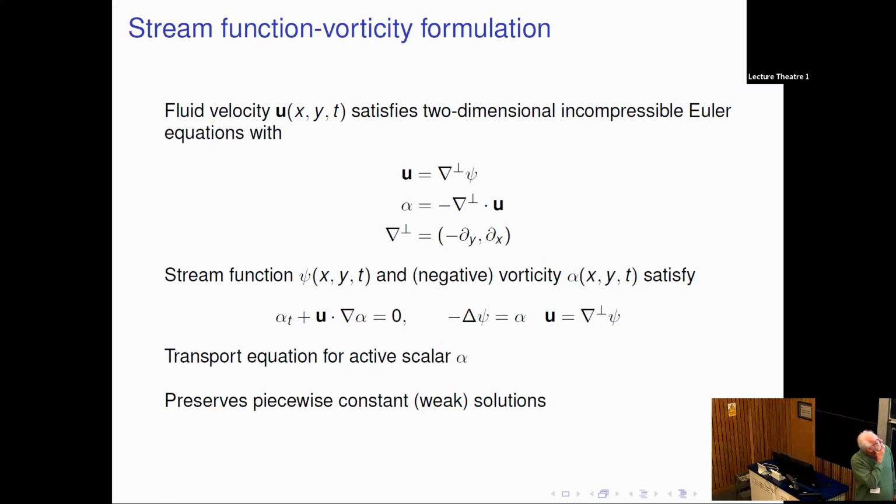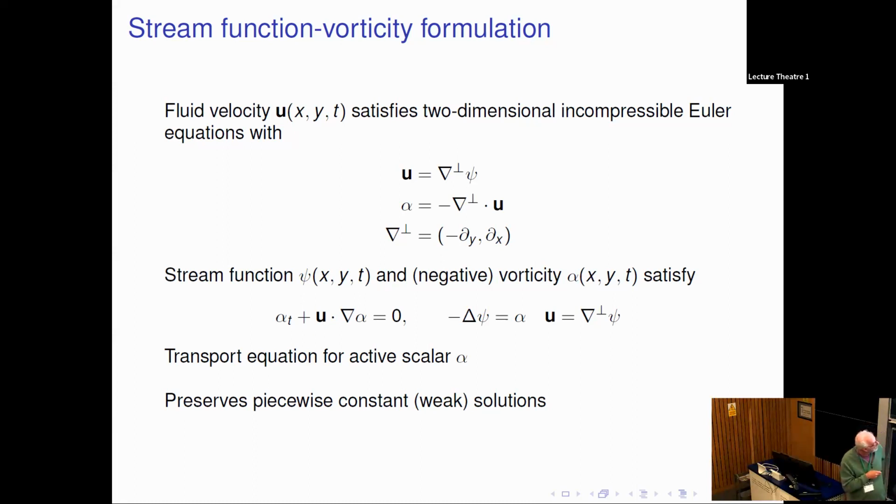All right, we can start with the stream function vorticity formulation. I'm sure everyone here is familiar with this. In 2D Euler, you introduce a stream function psi. The velocity is the perpendicular gradient of psi, where grad perp is just minus dy, dx. So you have two scalars here: the stream function psi and the vorticity alpha.